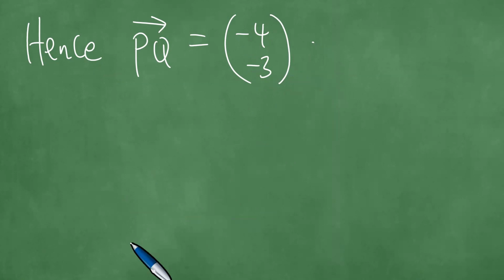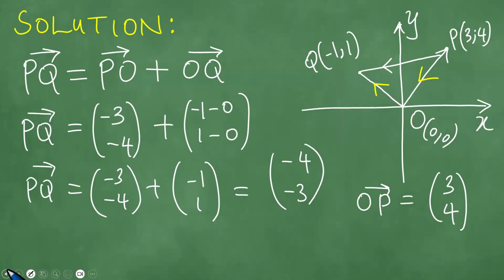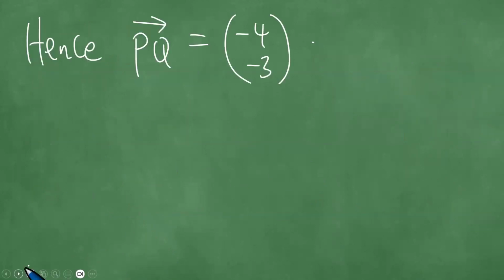There are a couple of things that remain critically important. How do we determine the vector PQ differently? We can really determine the vector PQ differently. In this particular vector diagram, to find the vector PQ, we're going to proceed as follows. There's an alternative way to look at this question.